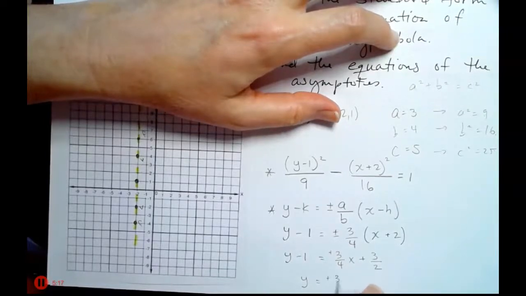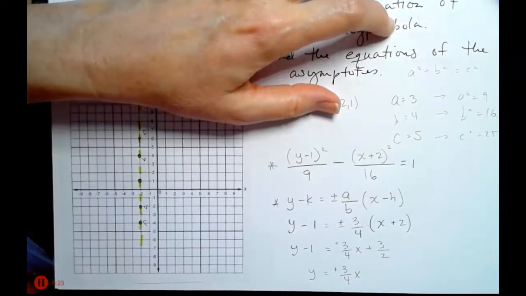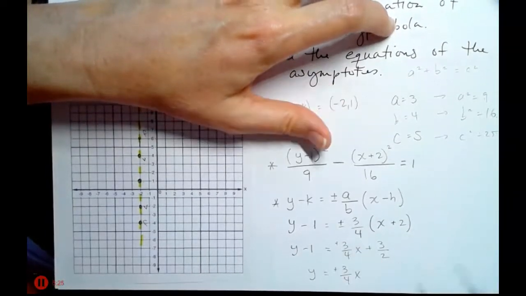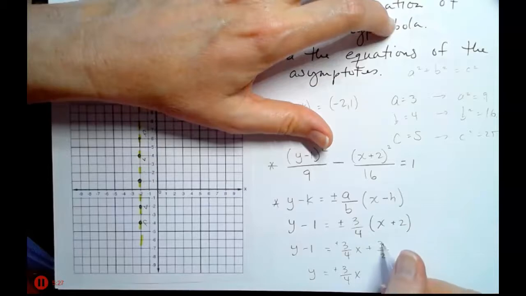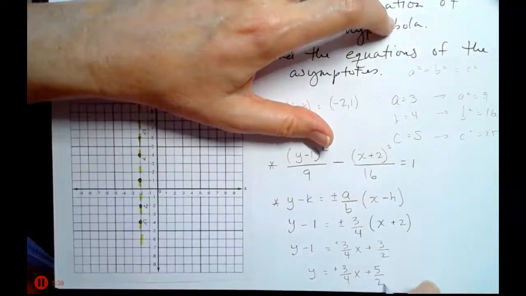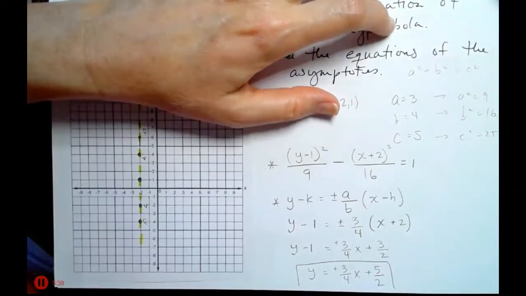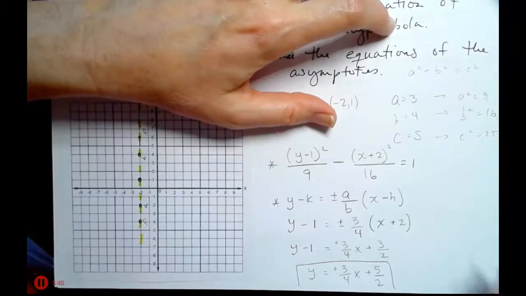Y equals positive 3/4 x, and yes, I'm just putting the positive there to remind myself that I'm dealing with the positive form of the slope. Then we've got 3/2 plus 1, so 3/2 plus 2/2 is 5/2. So there's the equation of the first asymptote with the positive slope.